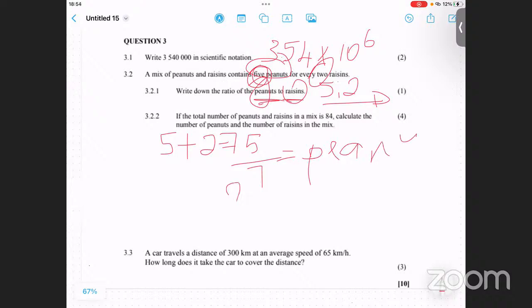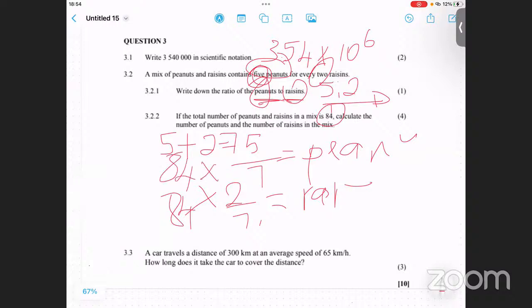Peanuts. And also 2 over 7 is going to be for raisins. So to get the value of the raisins in a bag, you're going to say 84 multiplied by 2 out of 7. And for the peanuts, you're going to say 84 as well, multiplied by 5 over 7.